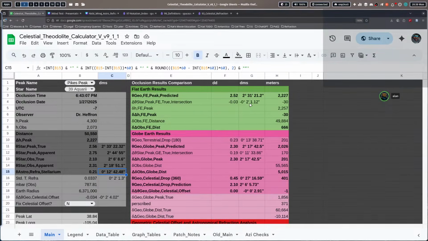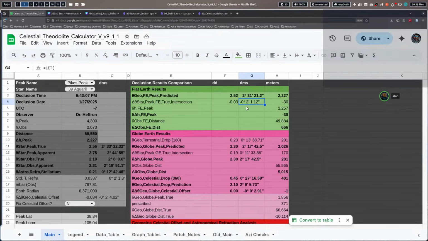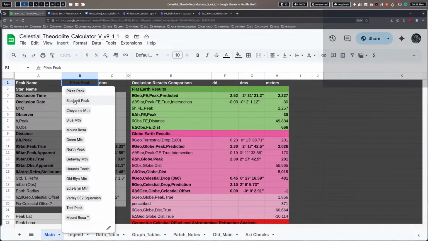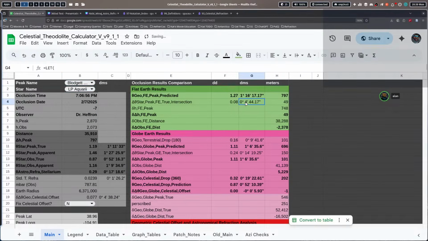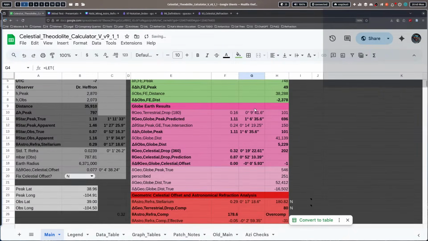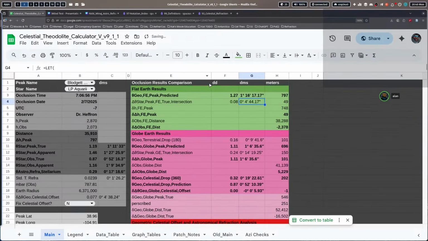It appears to be much lower. And that would be represented by the difference in this intersection angle. And as we go forward for other peaks, now I don't even know if that's the actual amount of astronomical refraction, because last week I heavily alluded to that, but the difference in Mount Rosa is only 30 arc seconds.